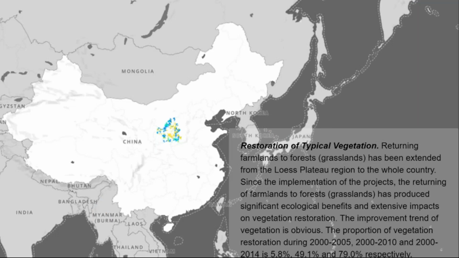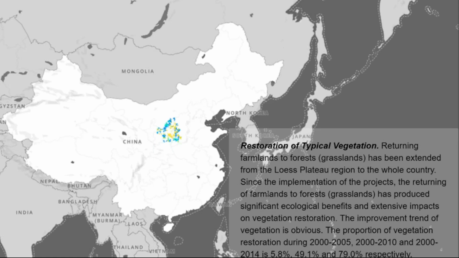Returning farmlands to forests or grassland is a typical representative of China's major restoration projects. It has been extended from China's Loess Plateau to the whole country.